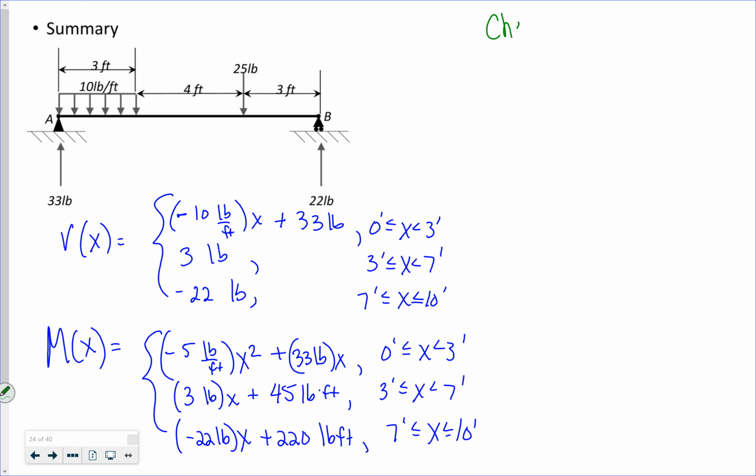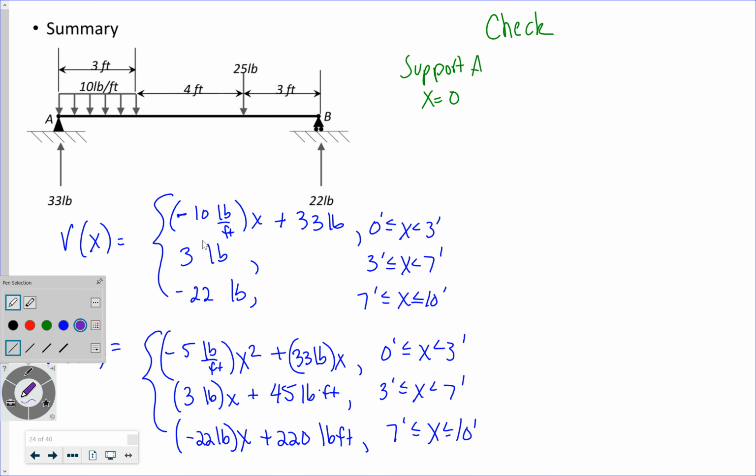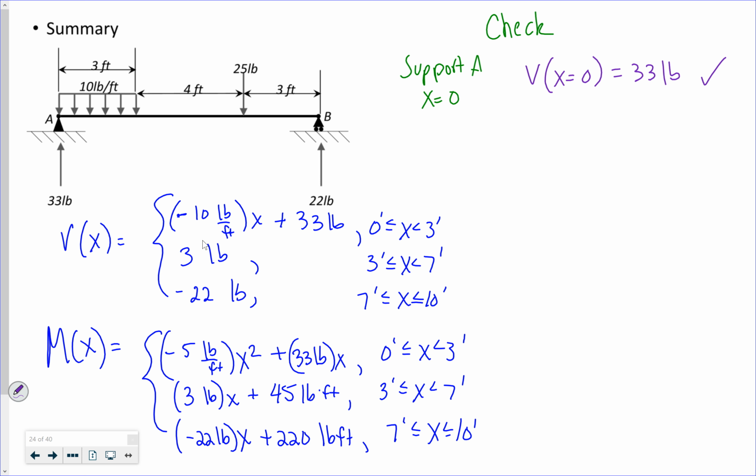Do another little check, right? I'm gonna look at my support at A. So x equal to 0, right? Shear at x equal to 0 is 33 pounds, which makes sense because that's my vertical reaction.